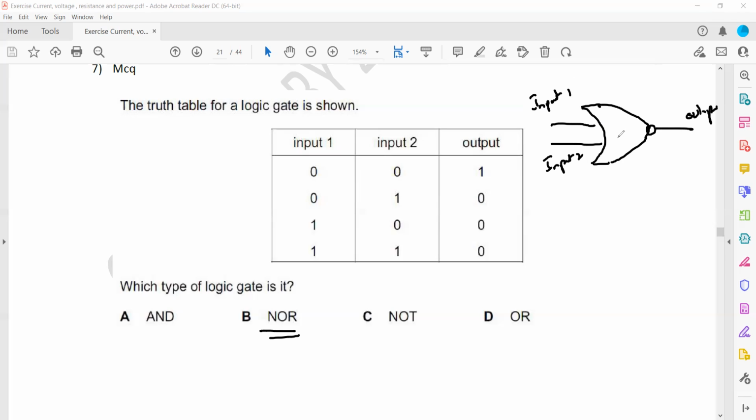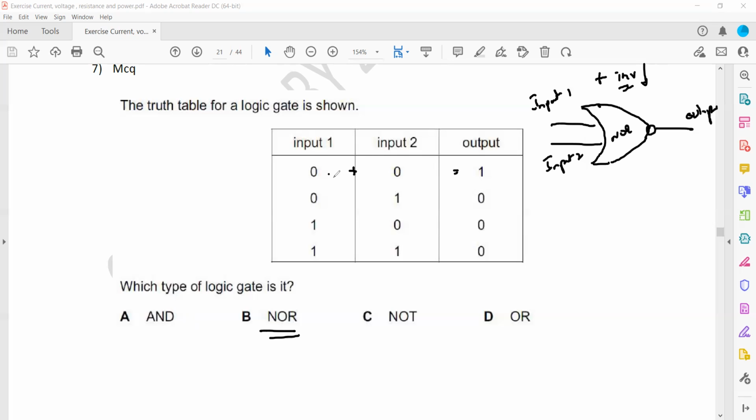First we do addition, first we add and then invert. Like make the output inverted, opposite. So first we add and then we make the output invert.